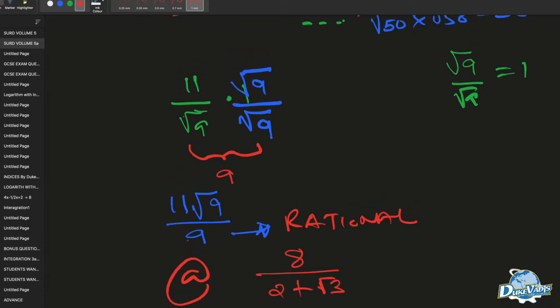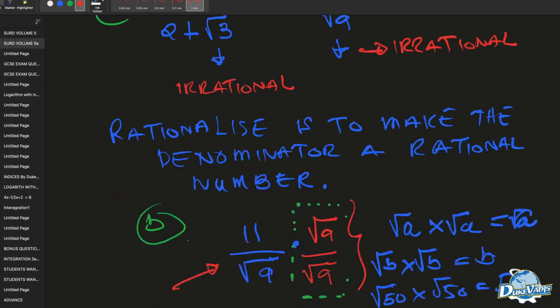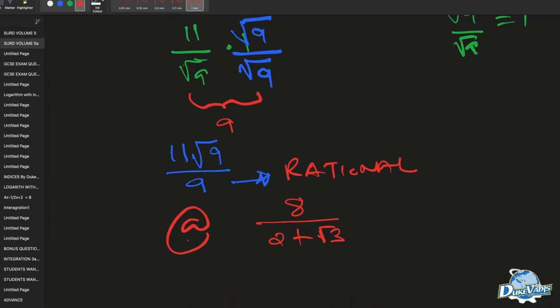So, going back, 8 over 2 plus root 3, and we're supposed to rationalize this.